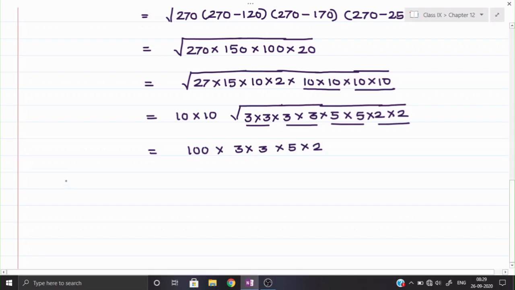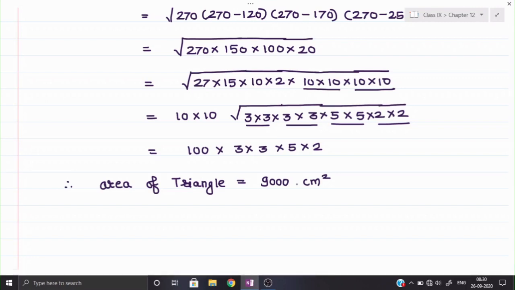Multiplying in total, I can say that the area of the triangle will be equal to 9000 centimeter square. Please do not forget to write the unit in the answer at the end. That is compulsorily required, because no answer looks proper until you mention the unit.